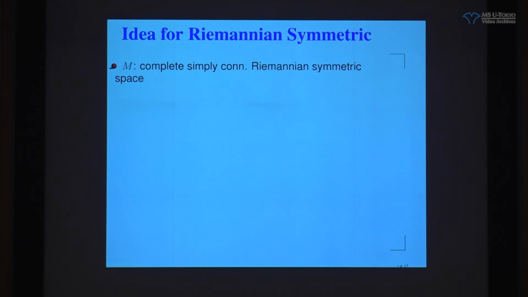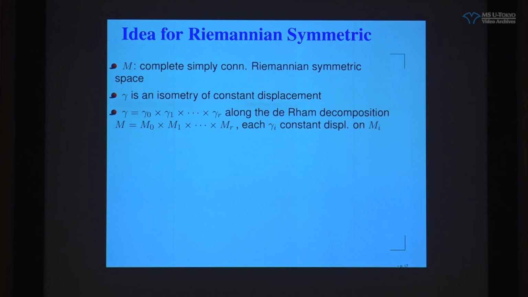Okay, so we're in the Riemannian symmetric situation now, and I want to somehow indicate how the argument works. So I have an isometry of constant displacement and a complete simply connected Riemannian symmetric space. And I break it up into a product along the de Rham decomposition, product of Euclidean space and some irreducible symmetric spaces.